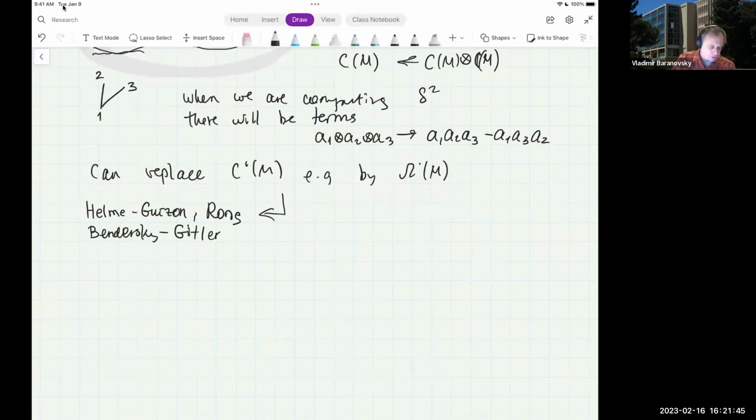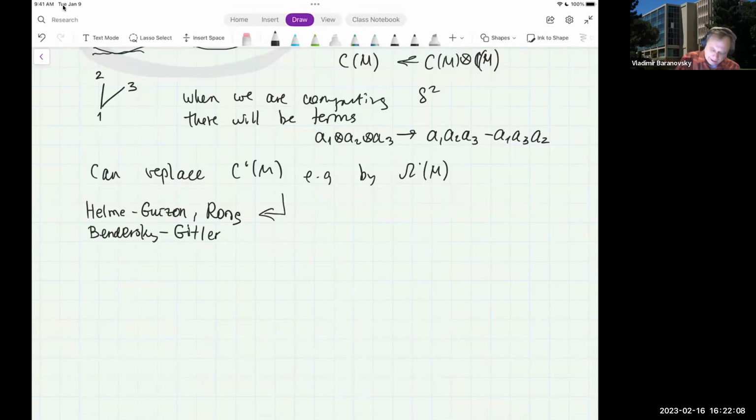Okay. So now what do we do if we don't want to pass to differential forms? For instance, if we care about torsion in integral cohomology or relative cohomology, if we are not ready to go to characteristic zero coefficients.